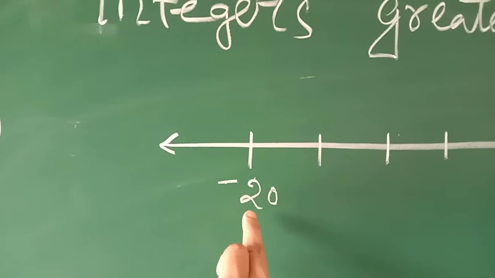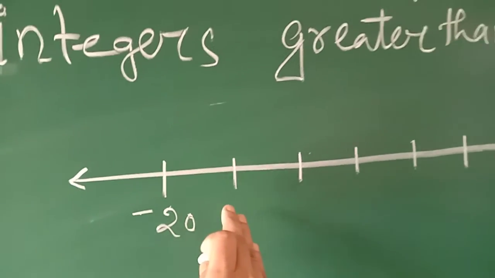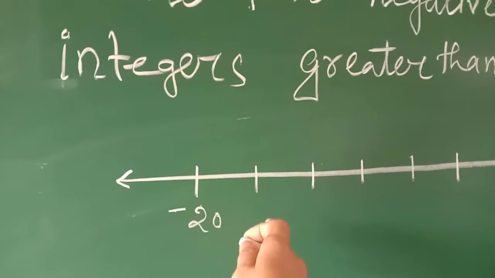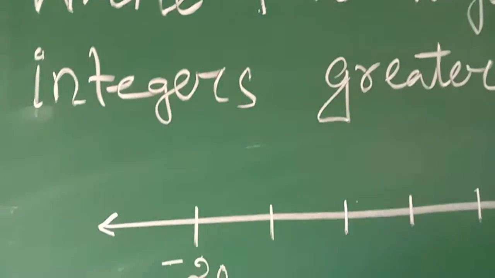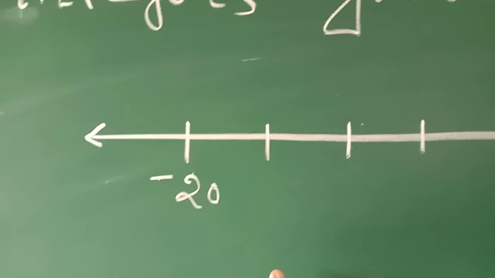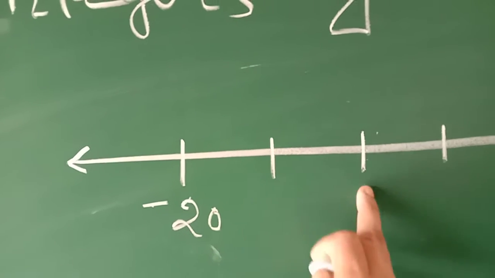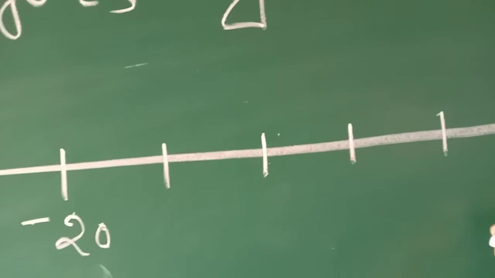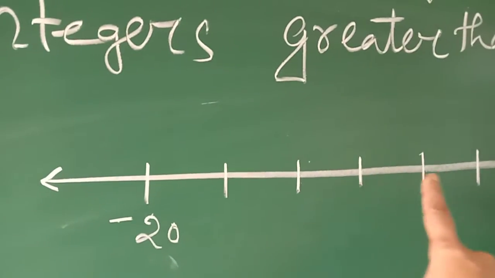If minus 20 is here, then the greater number must be on the right side of this, and they are asking for only 4 greater numbers. So many greater numbers are there, you can write any one. For a greater number than minus 20, very easily you have to go to the right side. You can choose any 4 numbers, but to clear your concept, I have shown this number line.